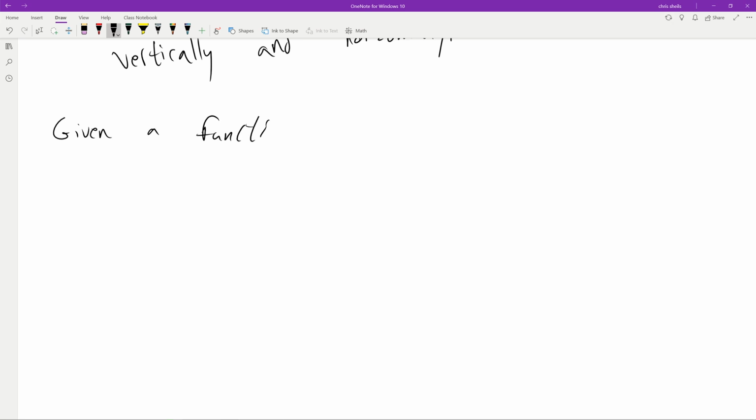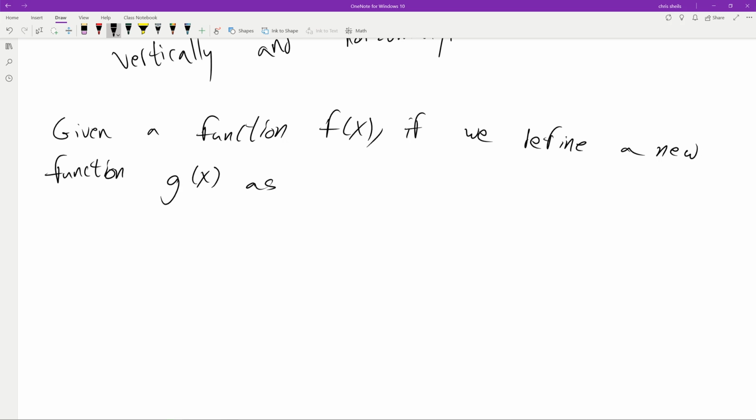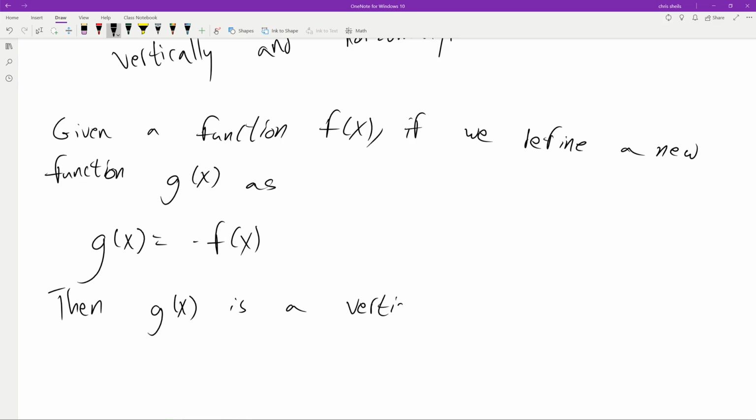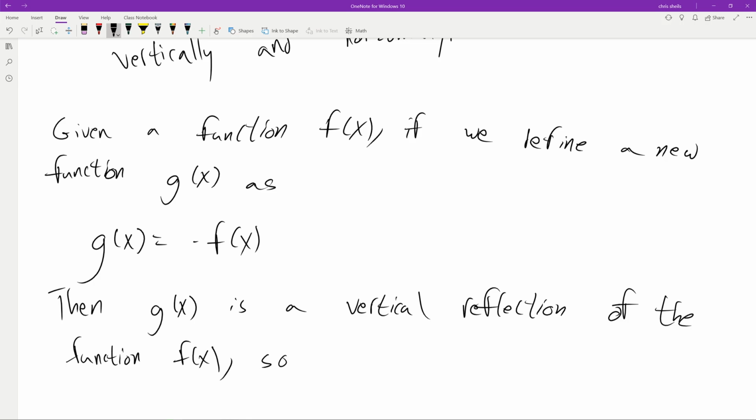Given a function f of x, if we define a new function g of x as g of x equals negative f of x, then g of x is a vertical reflection of the function f of x, sometimes called a reflection about the x-axis.